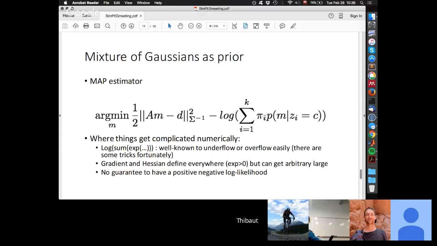That causes me numerical issues, because I have the log of something very close to 0. Sometimes it can blow up, and that's why, even if it's infinitely differentiable, the gradient and Hessian can get very big very fast. That's one of the problems I have to face right now.